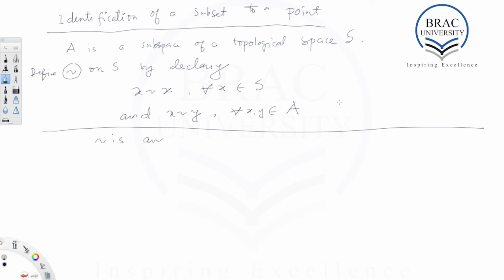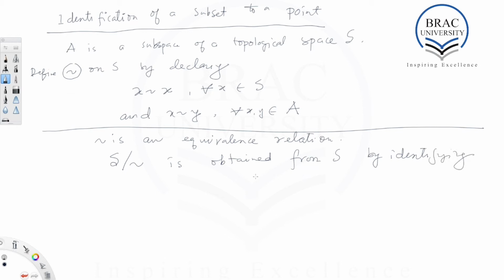You can check immediately that it is reflexive, symmetric, and transitive. So using this definition, we say that the quotient space S modded out by twiddle is obtained from S by identifying A to a point by means of this process.